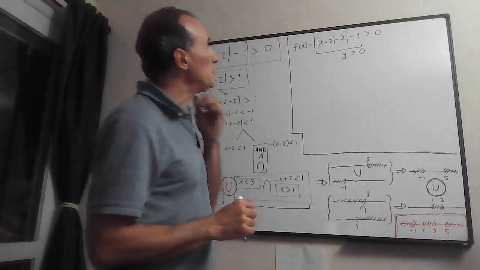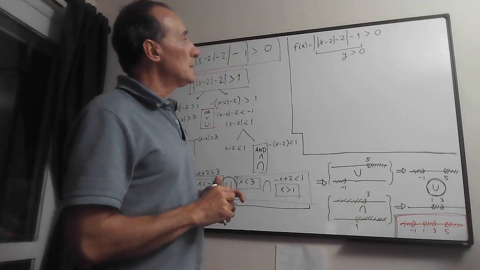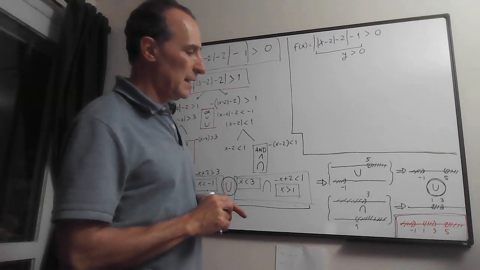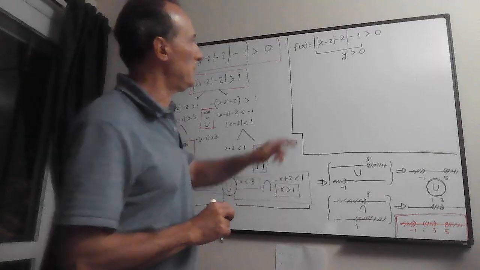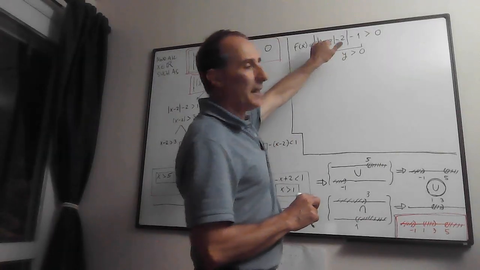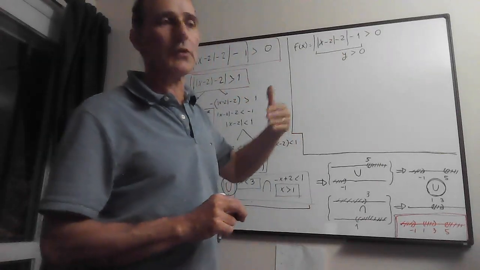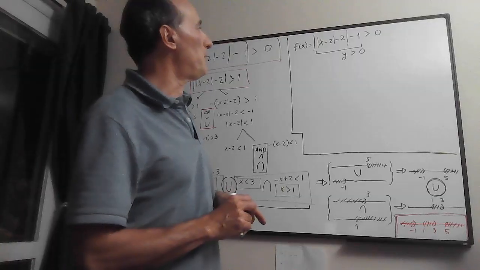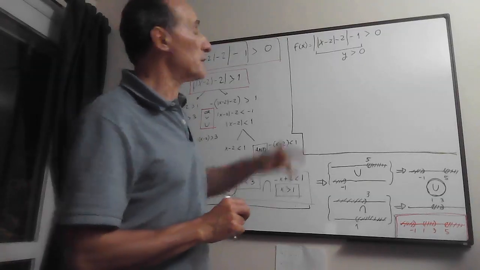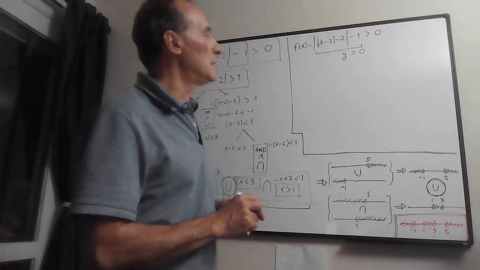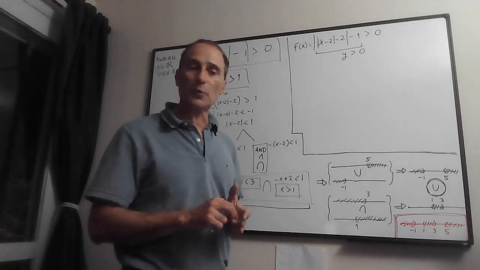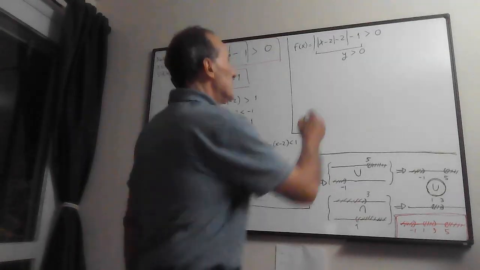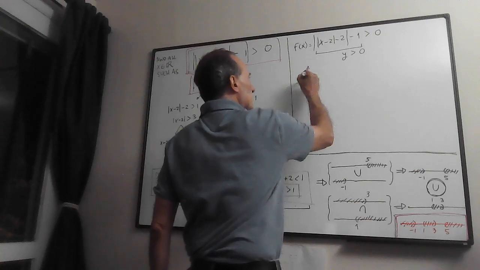So to solve this problem, if you look at this inequality carefully, you may identify a sequence of transformations starting from the absolute value of x. So this is what I mean.